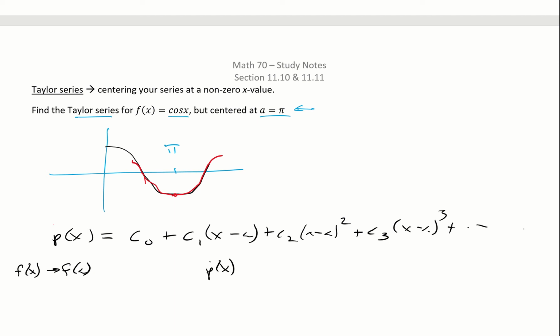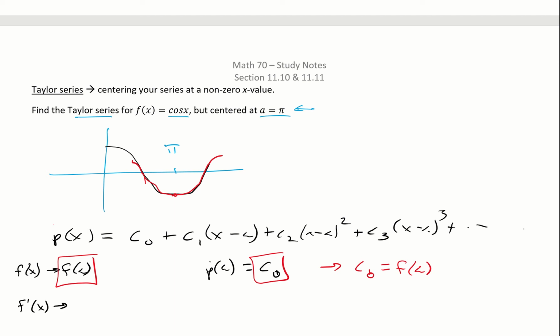So p of a is equal to C0. And what we want is for these two to match up. So C0, oopsie daisy, jumping ahead of myself, C0 should be f of a. Okay, I'll slow down.